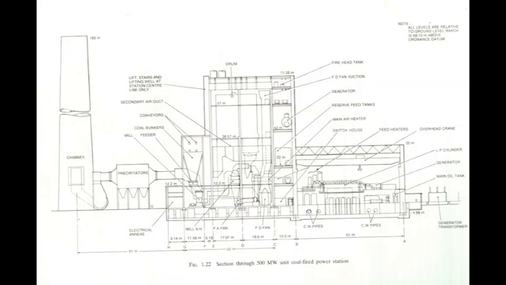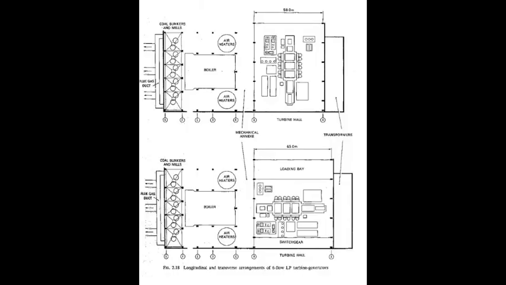In this, the boiler is placed between the turbine floor and the chimney, and it is a compact arrangement in such a way that all the elevations are utilized properly, with the requirement of the CW intake system and power connection to the switchyard and the generator transformer.